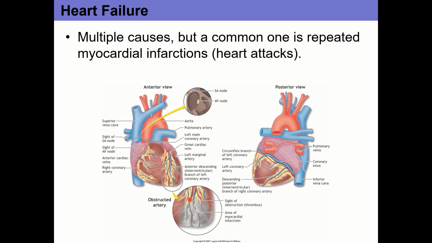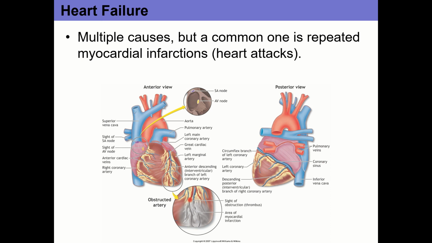And so this is one of the things that kind of leads people downhill, where even if they've survived a heart attack, now the heart isn't as strong, so it doesn't eject as much blood with each beat, which slows down blood flow, and so then that can also cause problems in the lungs, where that slowing down of blood flow can cause some fluid accumulation in the lungs, which can then predispose them to things like pneumonia, so bacterial infections inside of the lungs.